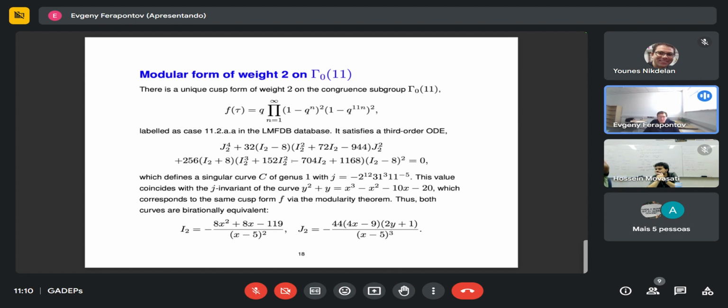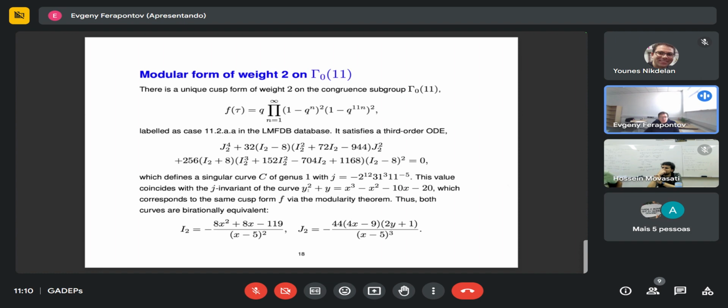You see its degree, it's 2 plus 3 plus 1, degree 6, right? It's a curve of degree 6. Still, it has genus 1, right? Because it has singular points, right? And remarkably, this value for the J invariant is exactly the same as the value of the J invariant for this curve.